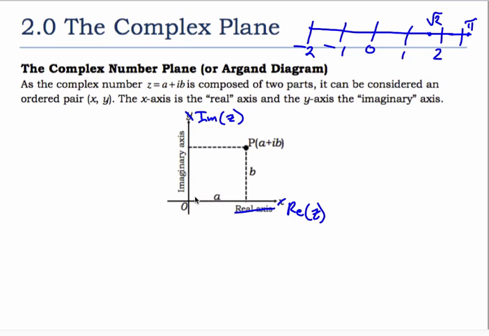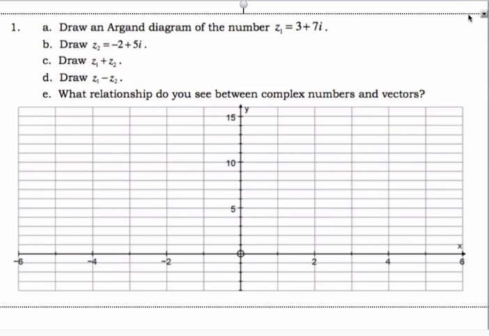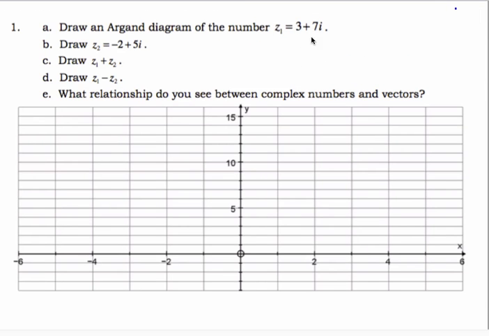So we can graph a complex number on what we call the complex plane or the Argand plane by using the x value as the real part and the y value as the imaginary part of a complex number. Okay, so here we have this complex number, p, and a is the real part, b is the imaginary part. So let's look at an example of how to graph some of these complex numbers.